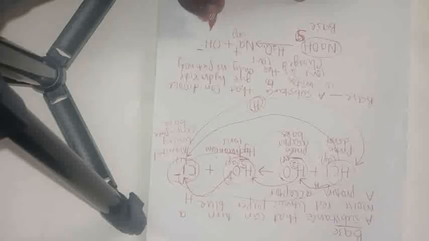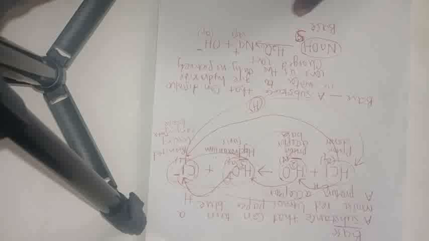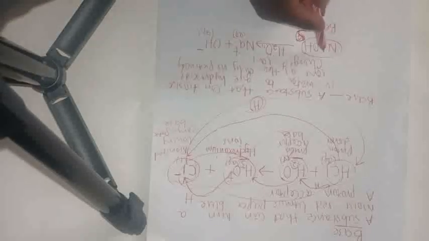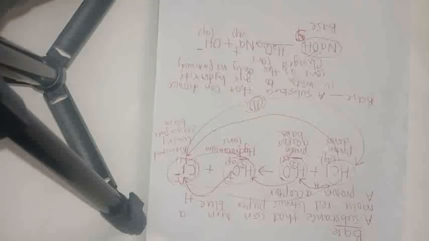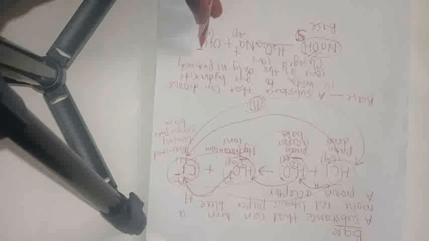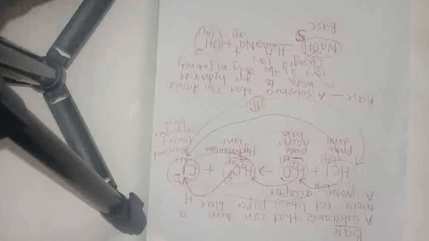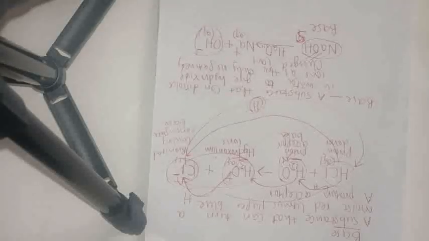So aqueous, then aqueous. From the look of things, you realize that the sodium hydroxide can qualify to be called a base because it has dissociated or ionized in water to give us hydroxide ions as the only negatively charged ions.